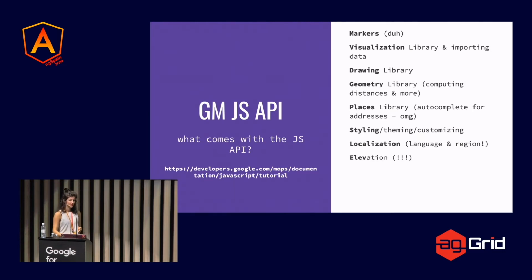You also have access to elevation data, which would be super useful if you're creating an application for walking or cycling, where you would know the change of elevation on each route. You have geocoding and directions, of course. And of course, you get access to a lot of user interactions and events that you can hook your application to.